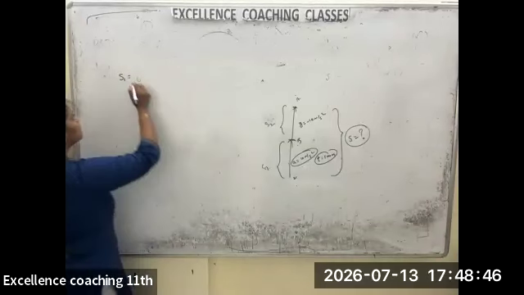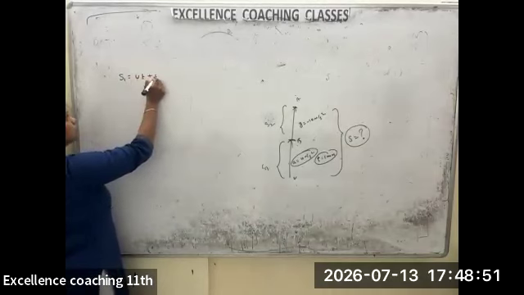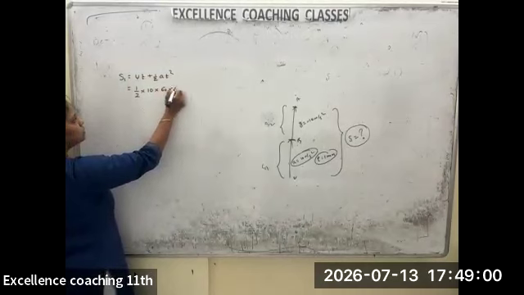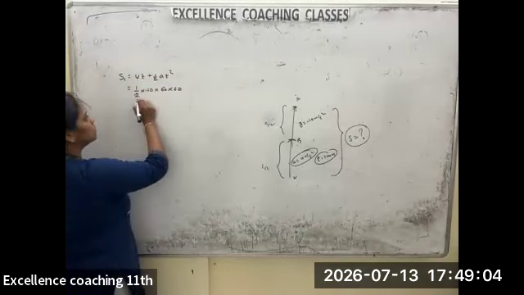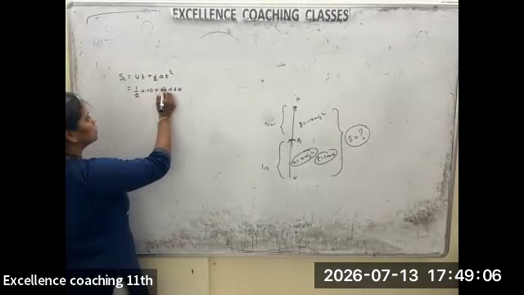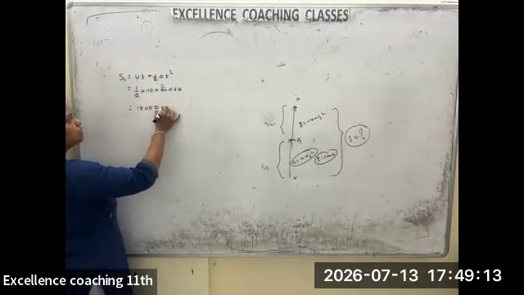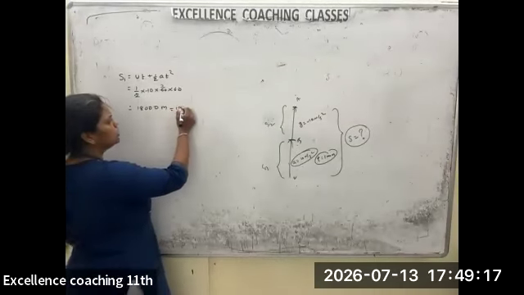This will be 0, half into 10 into 60 into 60. 18,000 meter, which you can write as 18 kilometer also.